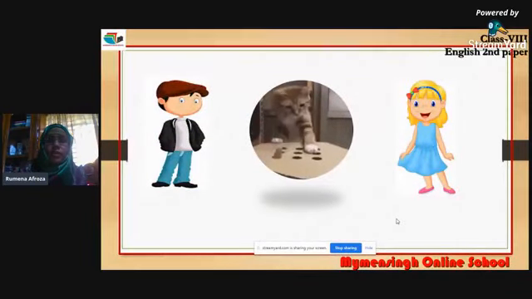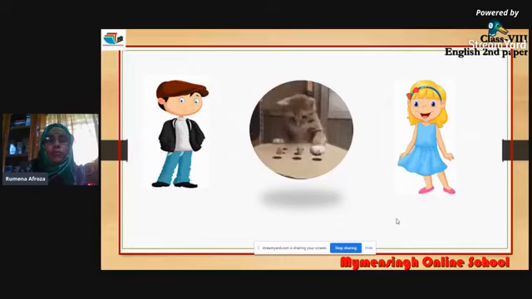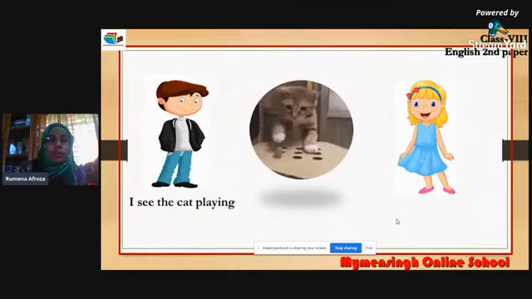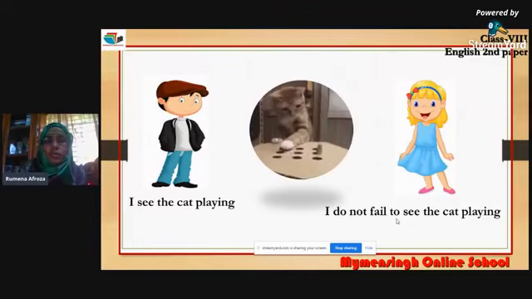Okay, students, here at first you can see there are some pictures. So what can you see there? Pictures, a boy and a girl. What are they talking about? The boy is saying, "I see the cat playing."